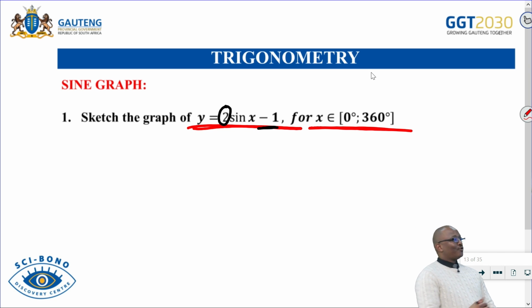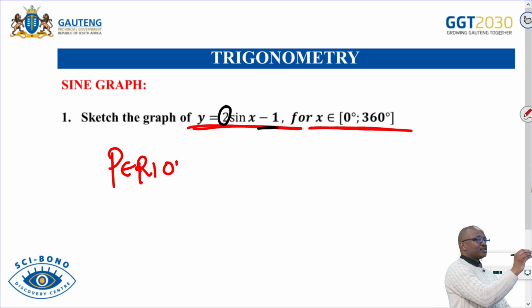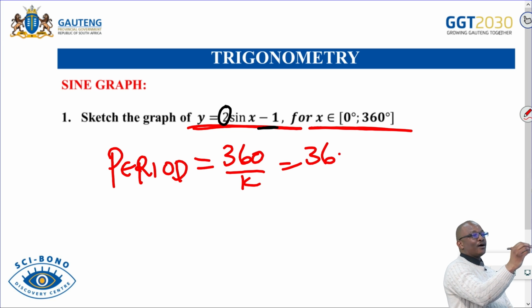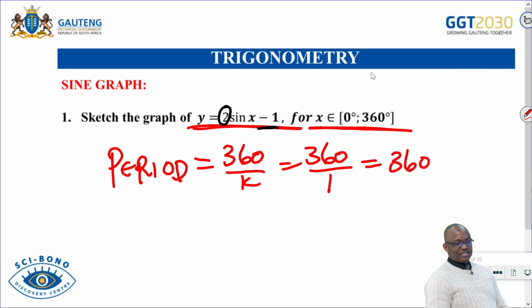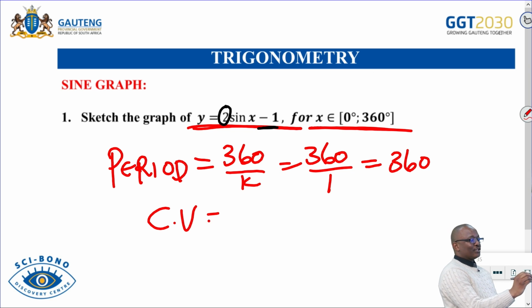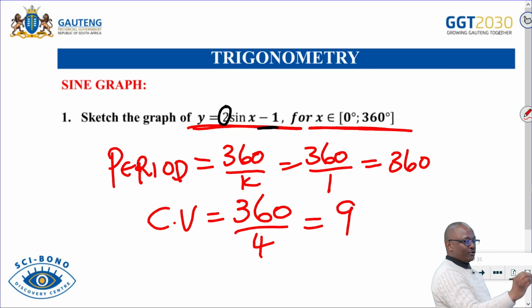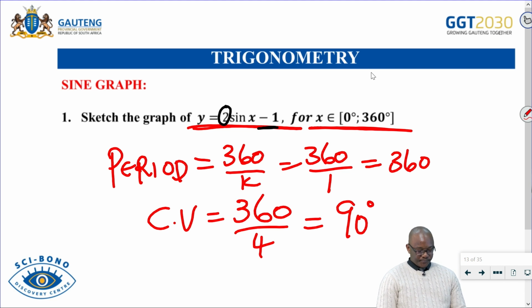But we still go to the basics. You will still get your period. Remember, the period is 360 divided by k, and k is the number in front of x, which is 1. Then you get the period of 360. Then to calculate your critical values, you say 360 divided by 4. You will always get 90.